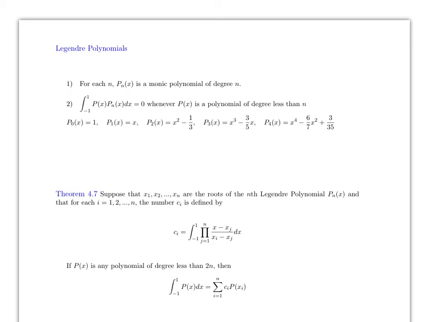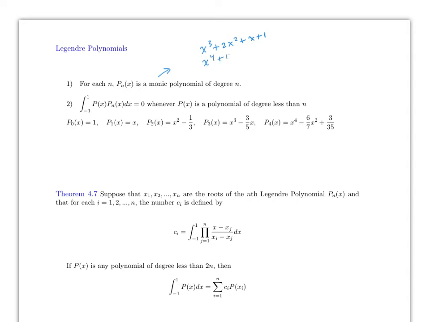The first one is that for each n, the polynomial is a monic polynomial of degree n. Remember that monic just means that the leading coefficient is 1, like x cubed plus 2x squared plus x plus 1 is a monic polynomial.